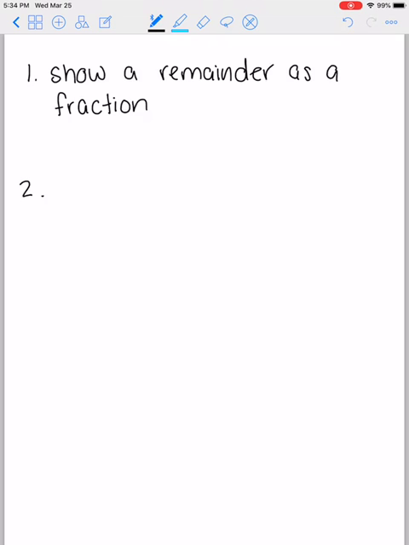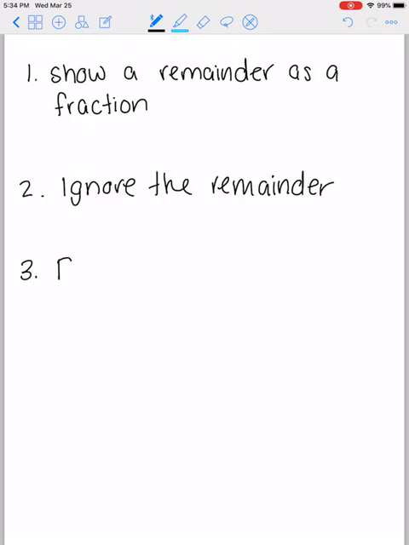You can ignore the remainder, or you can round to the nearest whole number or round up. I'm going to show you an example of all 3 of these ways in the next couple of pages. So you can grab a pencil and paper if you want to follow along.